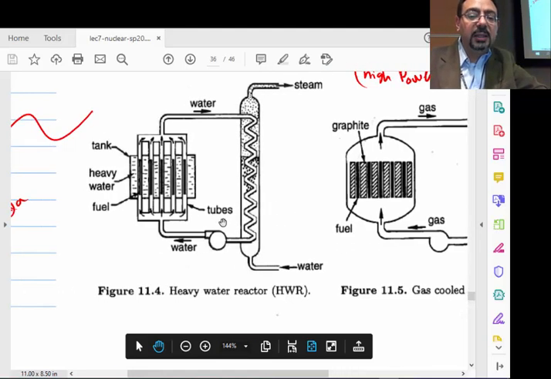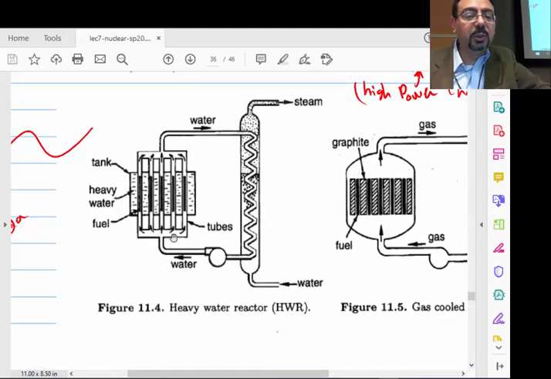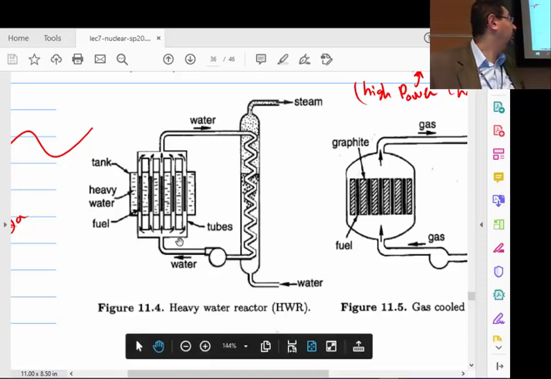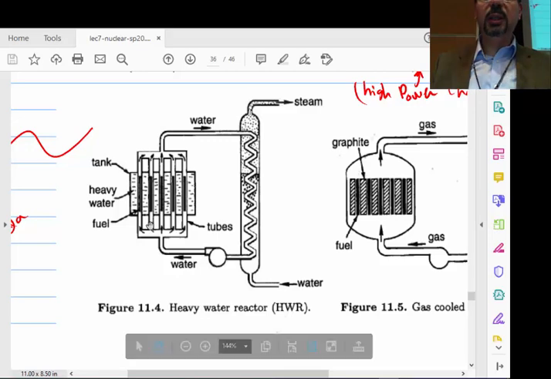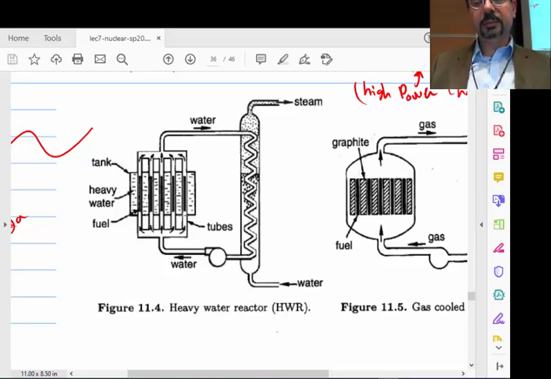And the heavy water reactor, you will not be able to tell unless they tell you that it's having heavy water. So when you see heavy water sitting over here, you would know that is the CANDU design. The heavy water reactor is called CANDU for Canadian something.